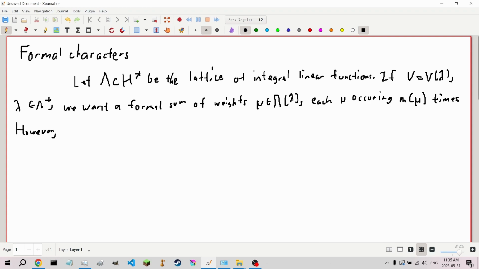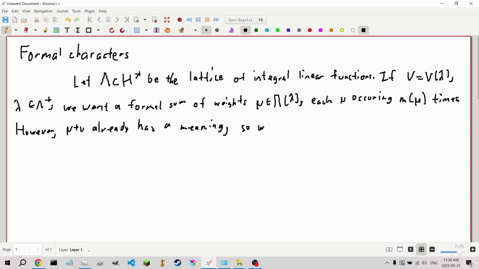However, we know that pi plus nu already has a meaning. So I guess I'll just tag this onto this sentence here.